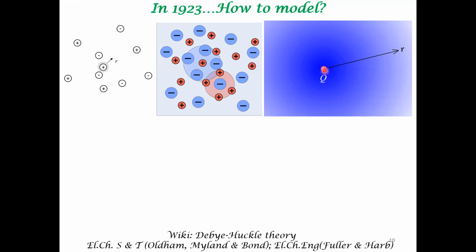One is that if the reference ion is positive, the integral of the charge of the rest of the ions should be negative. And not only that, because the entire medium is electroneutral, it should be negative Q. This way of smearing, of a particular ion seeing an average field, is called a mean field model.